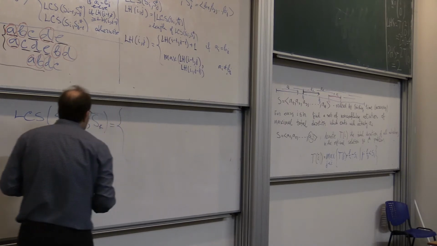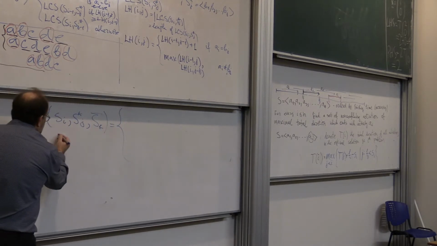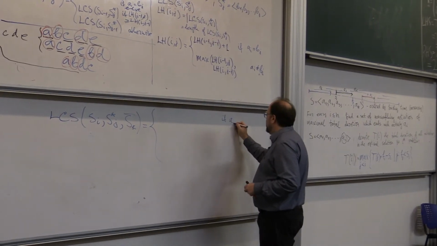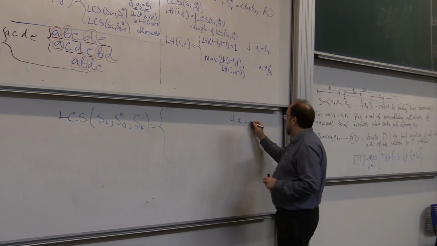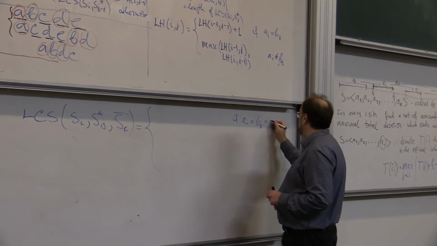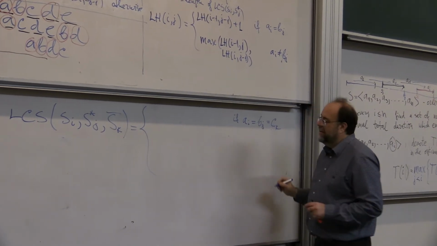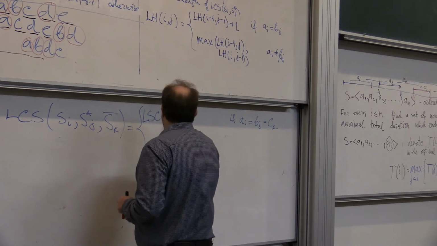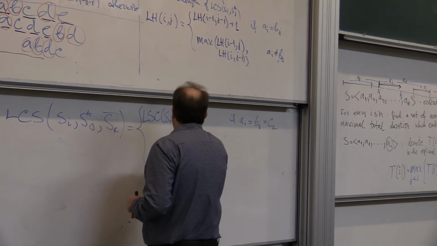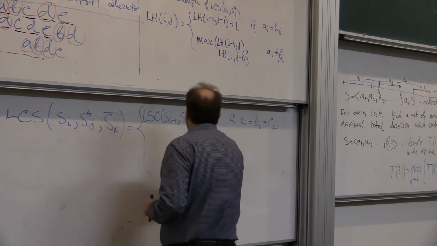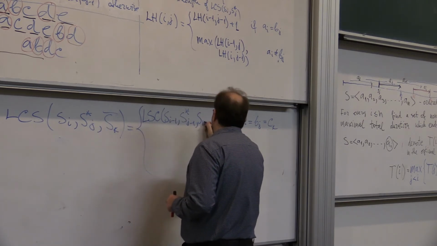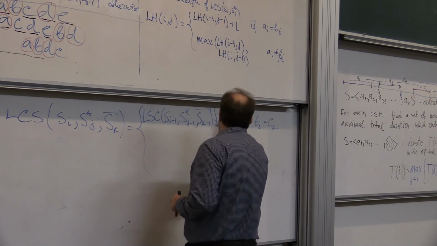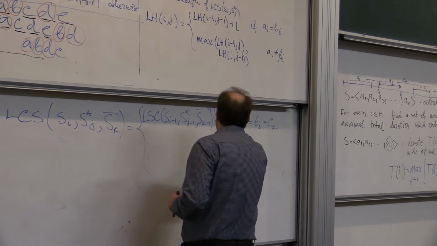This is equal to, if A_i is equal to B_j equal to C_k, then this will be simply LCS of S_{i-1}, S*_{j-1}, and S_{k-1} bar, concatenated with just A_i.